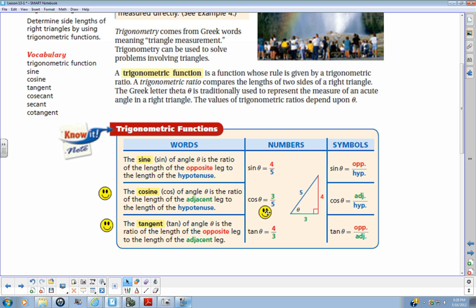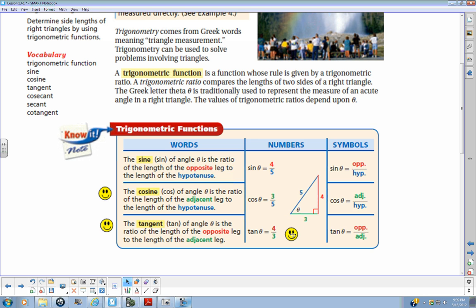Cosine of theta is equal to 3 over 5. If here's the angle theta, then the 3 is the adjacent side because it helps form the angle with the hypotenuse. Cosine would be 3 over 5, and tangent is opposite over adjacent, so the opposite side would be 4 and the adjacent side would be 3.